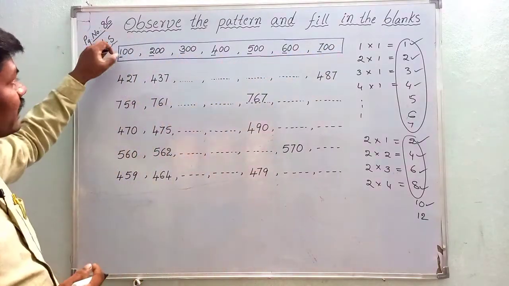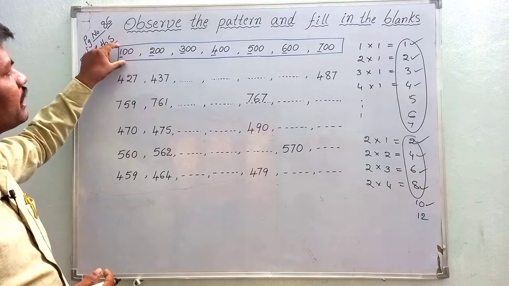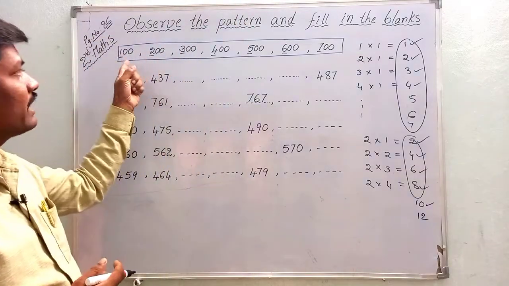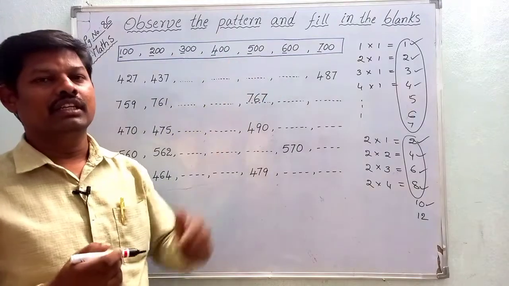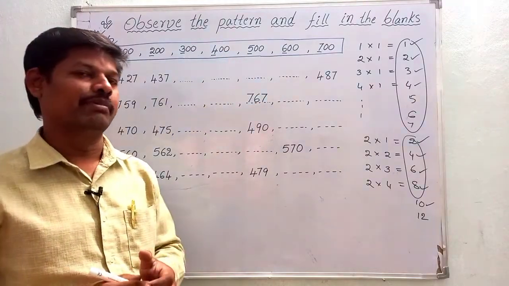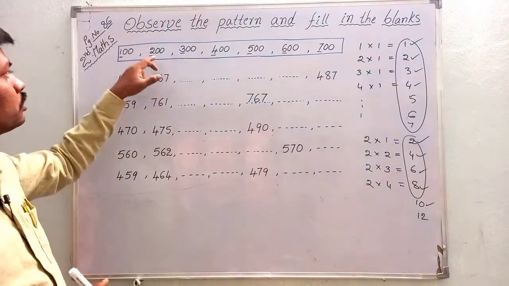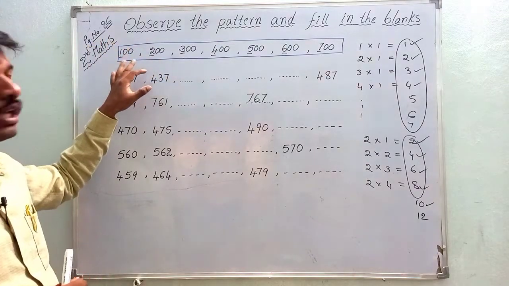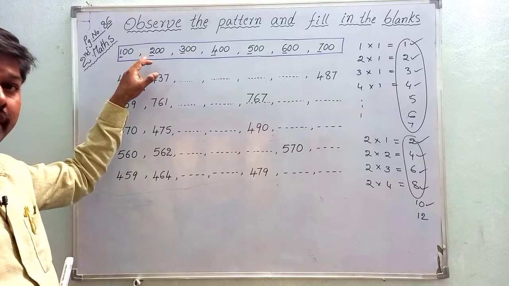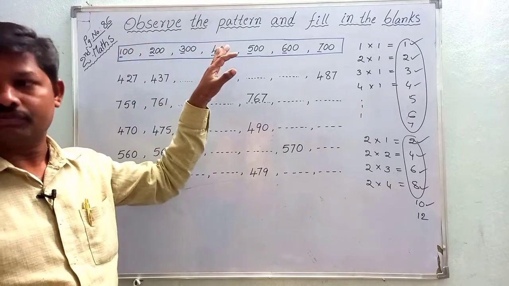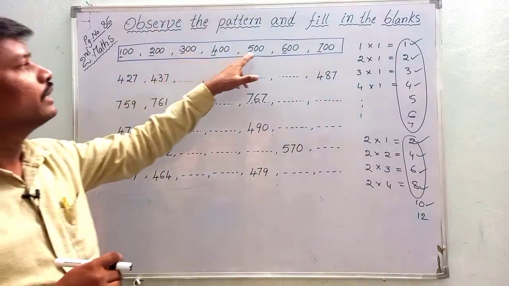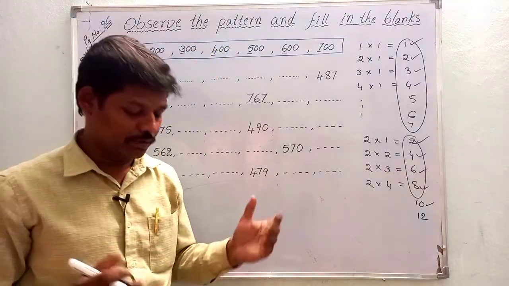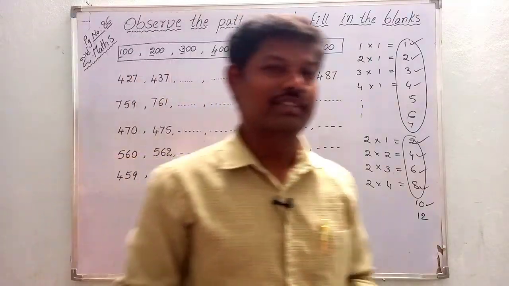If you are given 2 numbers, you can write patterns. Do you understand this? There is a difference of 100 between side by side numbers. Between 200 and 100, the difference is 100. 300 and 200, the difference is 100. Like that 500 and 400, the difference is 100. Like that we can write patterns.